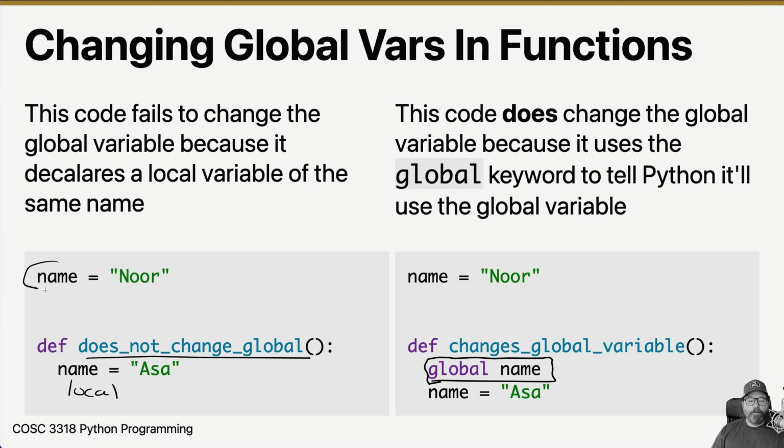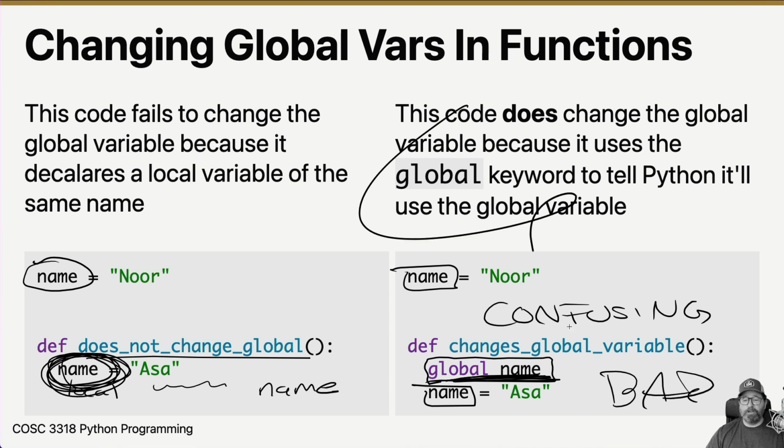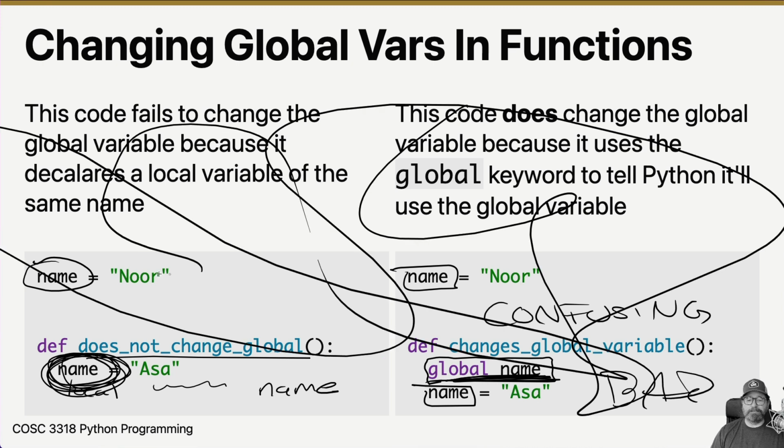So even though this one is called name and this one is called name, inside this function, whenever you use the variable name, it's going to look at the local variable. Over here, because we say we want to use the global name, now whenever we use this variable name, it's this variable. How confusing! That's why this is bad. Let's not use global variables.